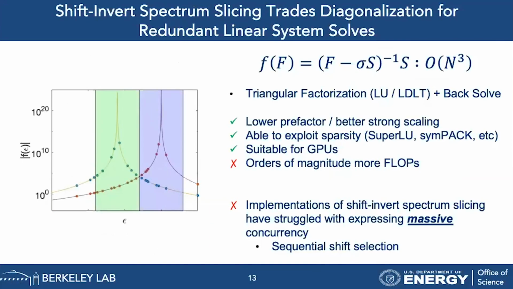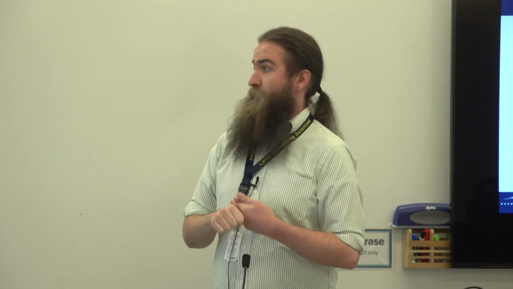So the way that we're going to do shift-invert spectrum slicing is, on each one of the shifts that we broke up the spectrum with, we're going to create a basis using the shift-invert spectral function, which is just the application of an inverse operator on some set of basis. So this does still scale formally n cubed, so we're not going to be reducing the scaling of this method, but we are trading it for something that has a better strong scaling behavior, so linear system solves.